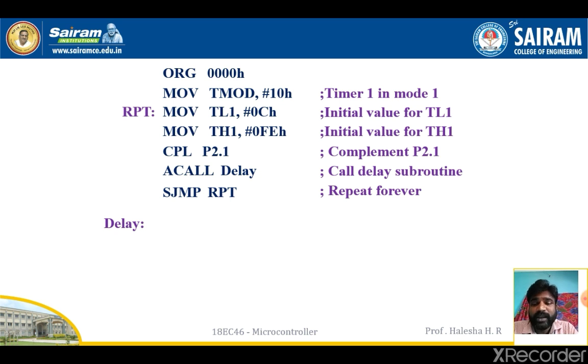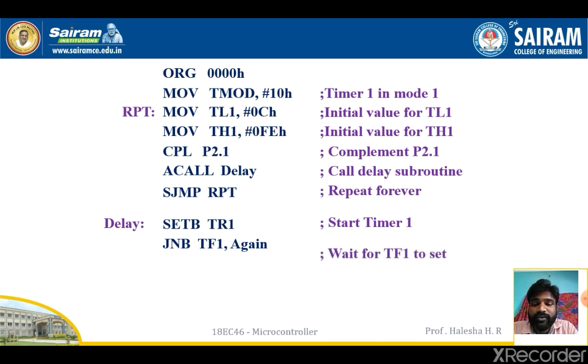Now we call delay. The first instruction of the delay subroutine should be the next step, that is, start the timer with the instruction SETB TR1. Then the next step is to keep monitoring the timer flag using the instruction JNB TF1, again and again, until it is set to 1.